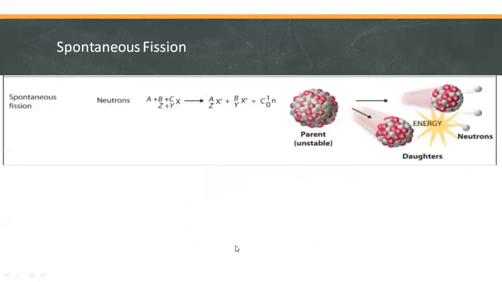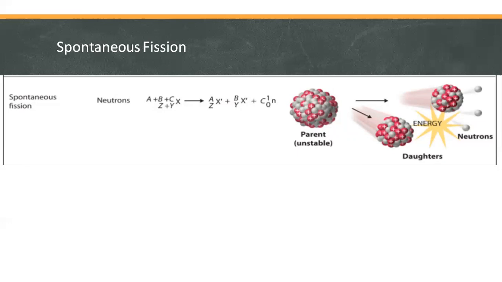So the last type of radioactive decay is spontaneous fission. Only very massive nuclei with high neutron-to-proton ratios can undergo spontaneous fission, in which the nucleus breaks into two pieces that have different atomic numbers and atomic masses.